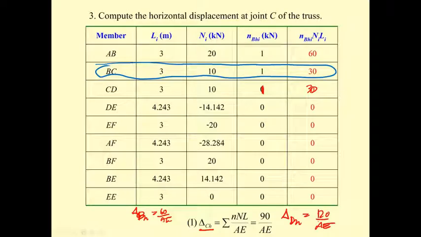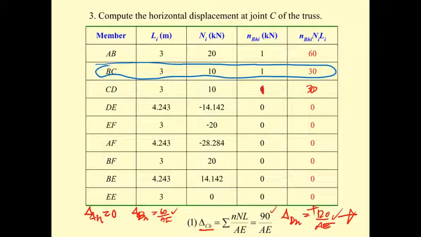So the magnitude just increases from delta sub A equal to 0, and then 60 over AE, 90 over AE, and 120 over AE. That's all the points up to the right. Okay, that is an example of the truss subjected to the loading. Okay, and now there are two more things.